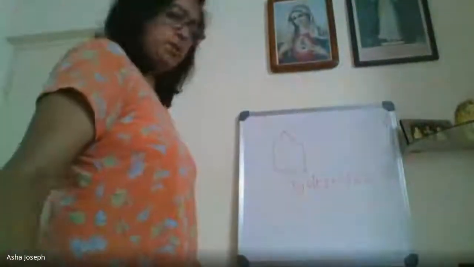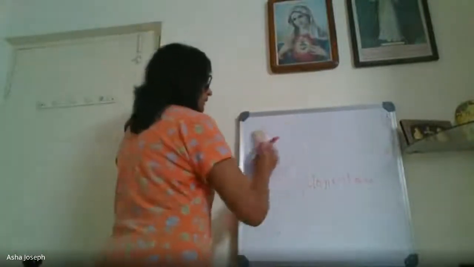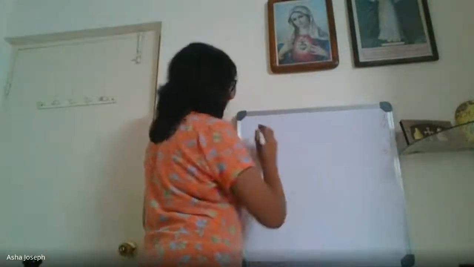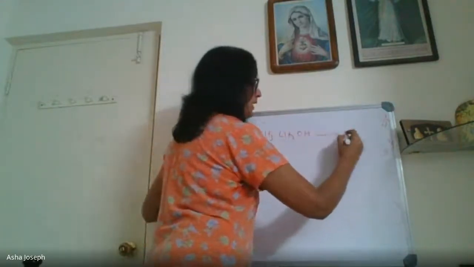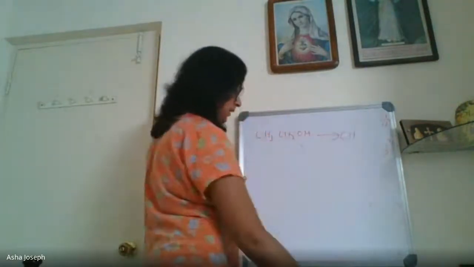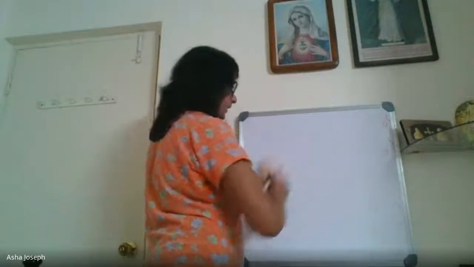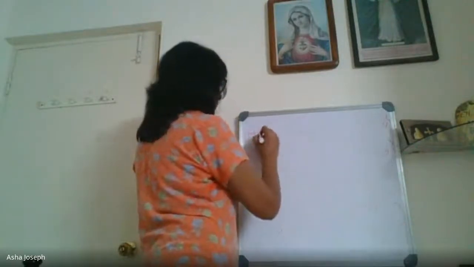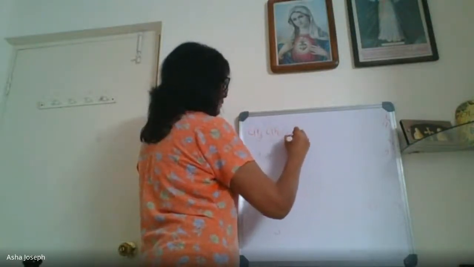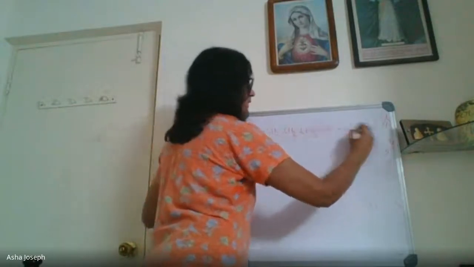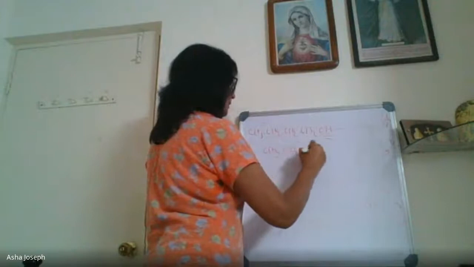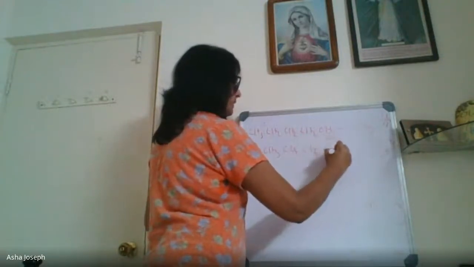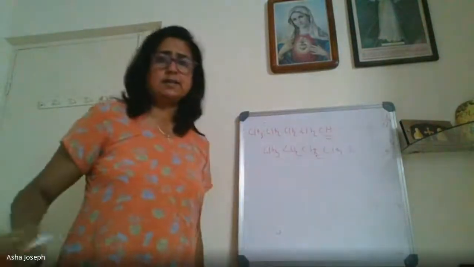Whenever such questions come, you write butanol, 4 carbons, CH3CH2CH2CH2OH, and iodobutane, CH3CH2CH2CH2I. Tell me first, what is the conversion?